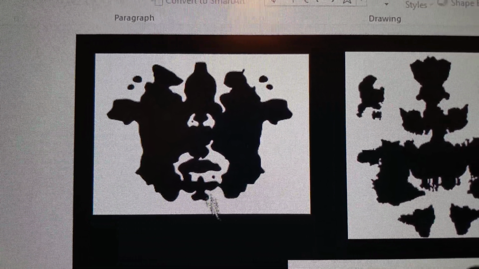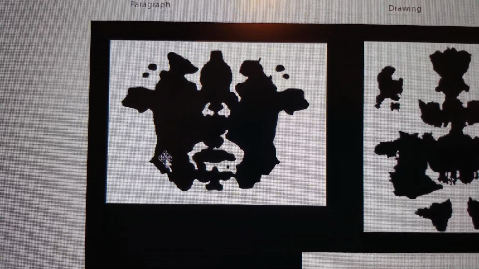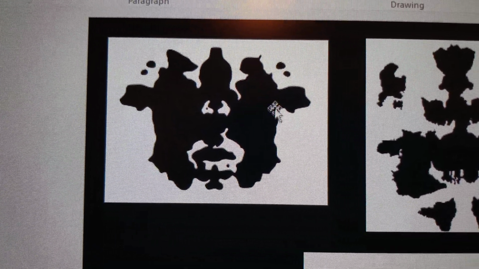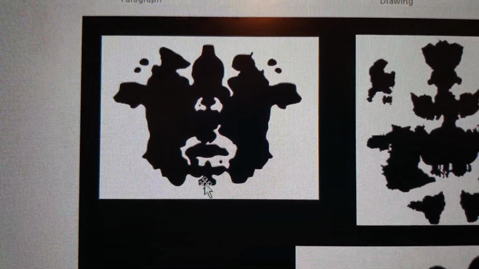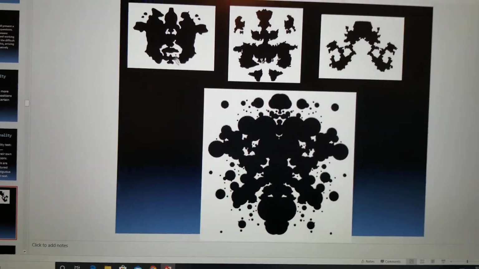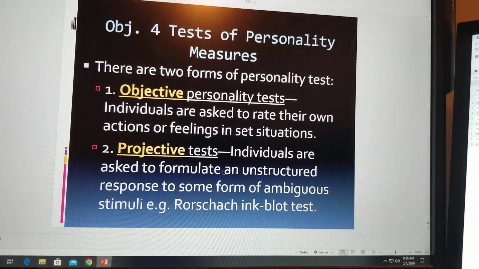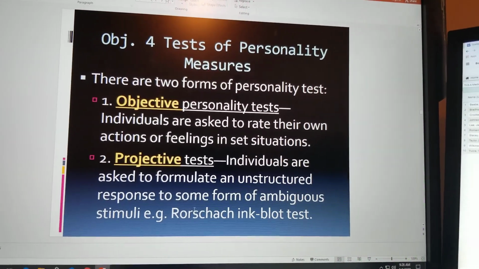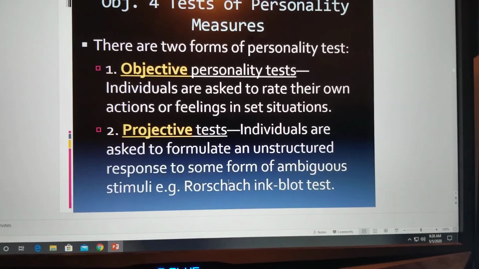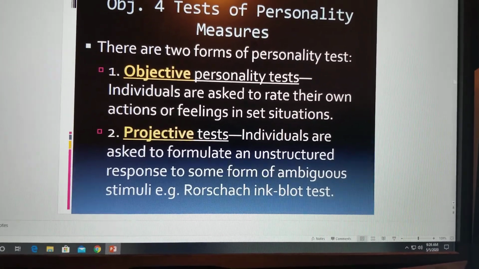Other people might look at this and say, oh, this looks like a Grim Reaper. There's an angel of death, another angel of death, a fireplace, there's a body cremating and melting. So 2 very different perspectives. Just understand that a projective personality test is unstructured and ambiguous, and there's definitely going to be a rubric to help grade and categorize it.